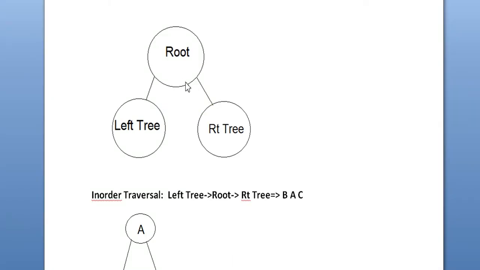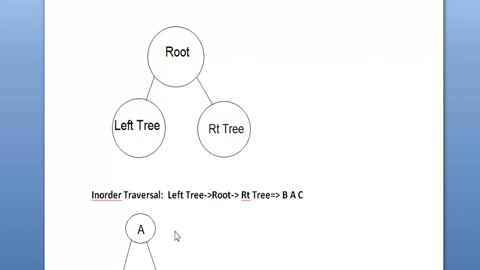Consider the tree traversals. This is a tree with a root node, a left subtree and a right subtree. Based on the way we visit the root, left subtree and right subtree, we have three orders of traversal: in-order traversal, pre-order traversal and post-order traversal.